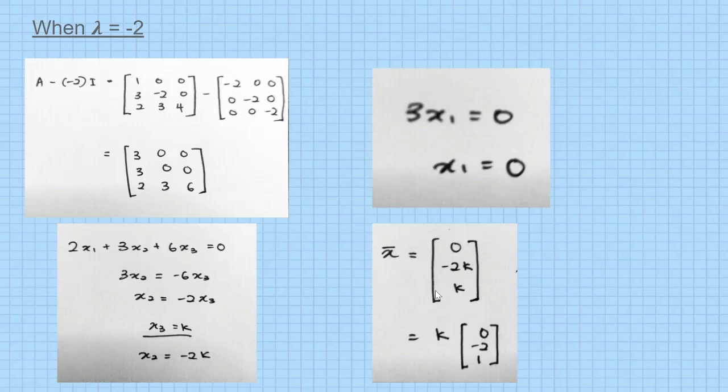After that, we replace the values of x1, x2, and x3 into the eigenvector. So the eigenvector for lambda equal to -2 is [0, -2k, k]. We factor out the k and we get the eigenvector k times [0, -2, 1].